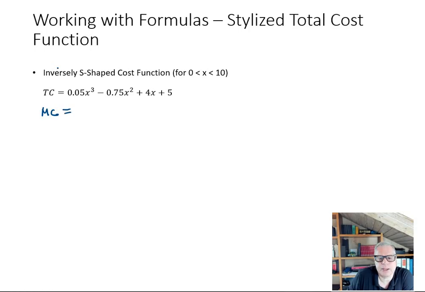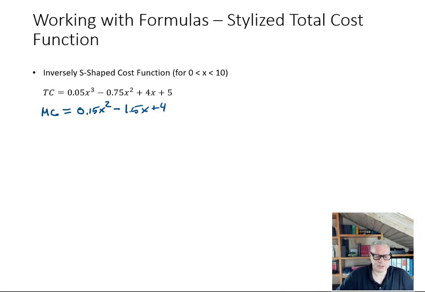Okay, so the 3 goes in front. 3 times 0.05, that's 0.15 x squared. We have to subtract the 1 from the 3. Minus, the 2 goes in front. 2 times 0.75 minus 1.5 x plus 4. Okay, so that's the marginal cost function.